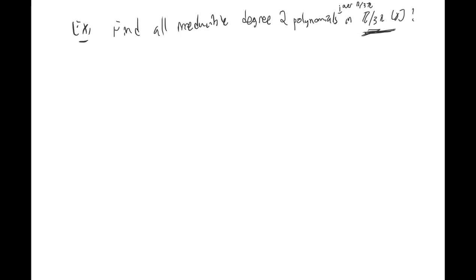So how would you do this? Without loss of generality, how does a general degree 2 polynomial look? Just use variables.